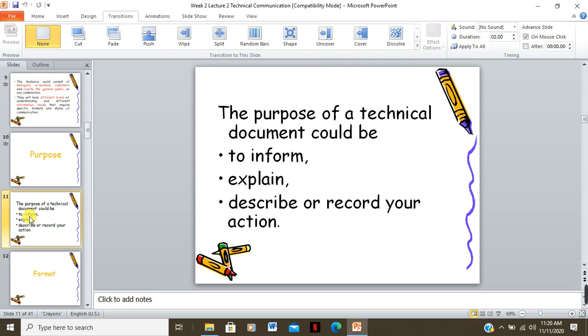So you see, if it is information, it can be a case of managers, or a case of, say, organization heads. As I was using the word in my previous week's lecture, vertical communication.